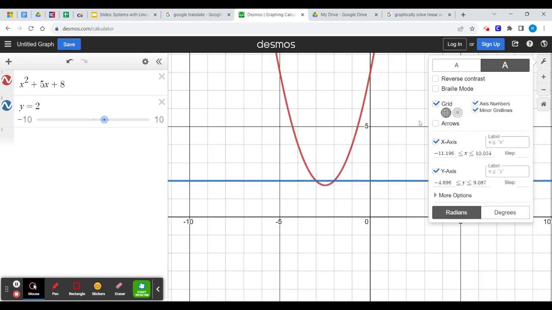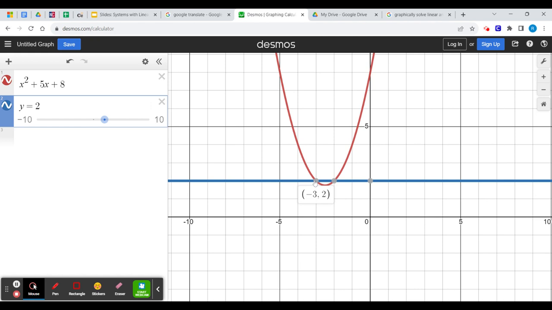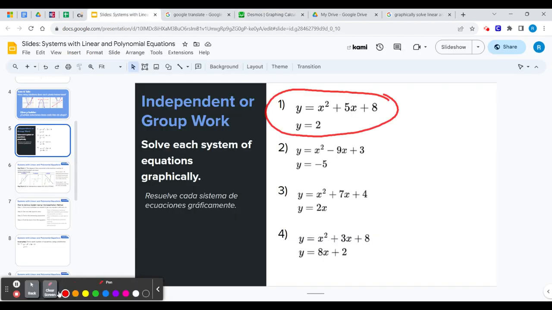I'll zoom in a little bit more. Those gray dots pull up and we can find our solutions. We have 2 solutions: -3, 2 and 2, 2. Now, go through and try this for all 4 of these.